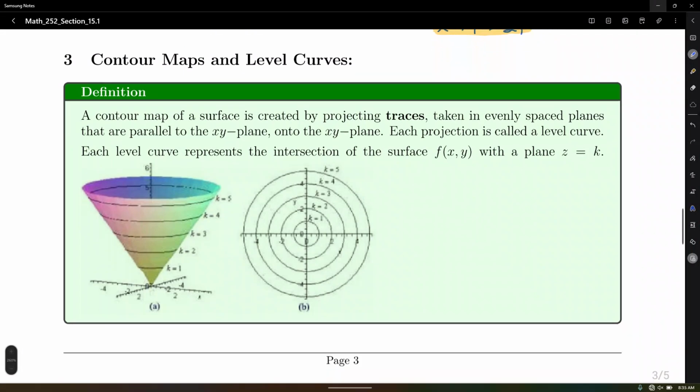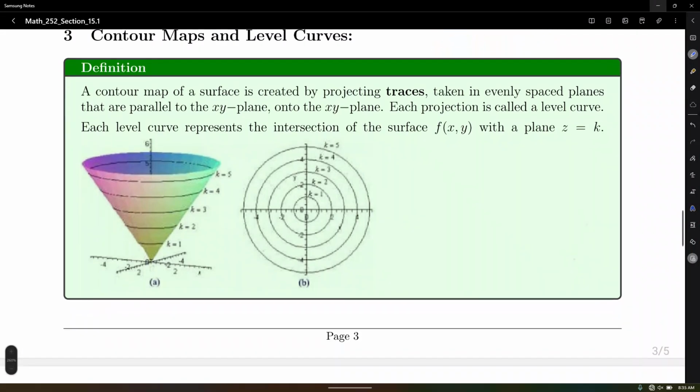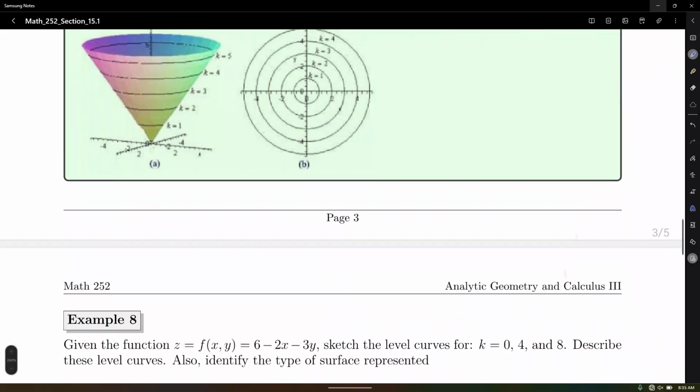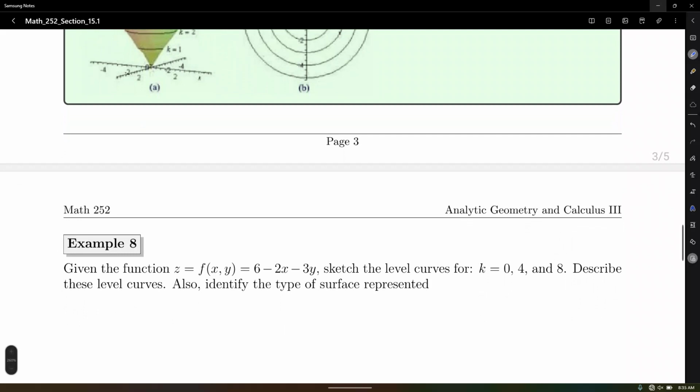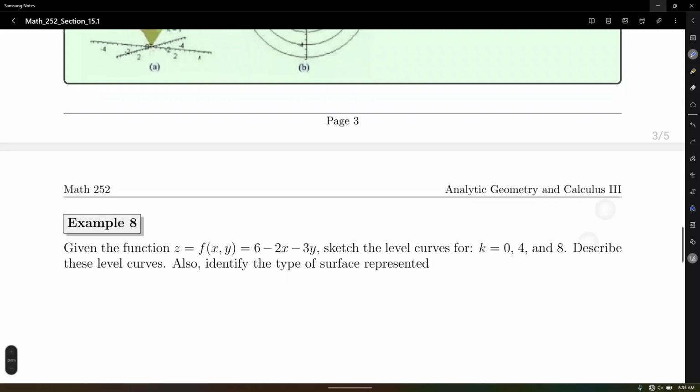Okay, so given the function f of x, y equals 6 minus 2x minus 3y, sketch the level curves for k equals 0, k equals 4, and k equals 8. Describe these level curves and also identify the type of surface represented.